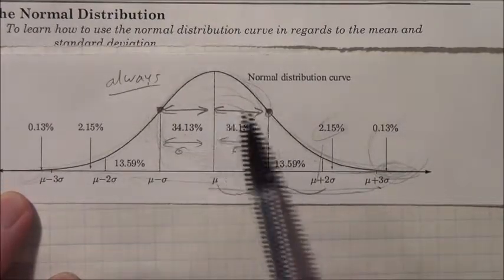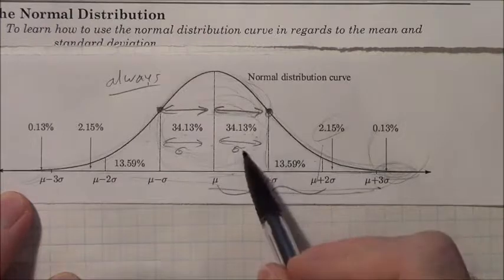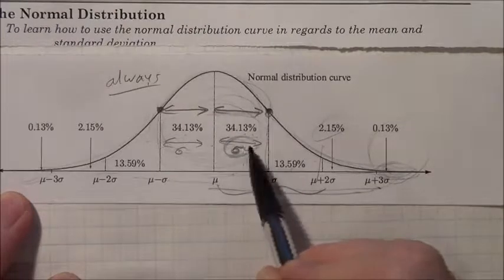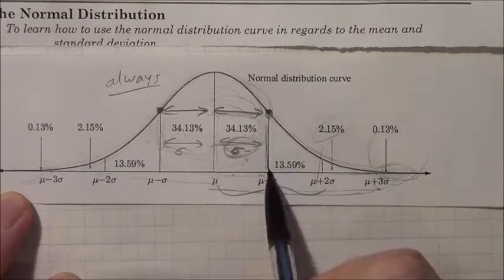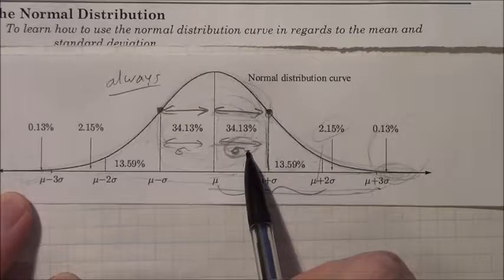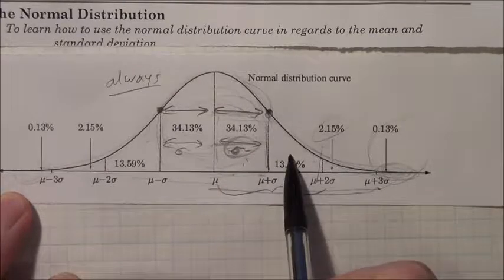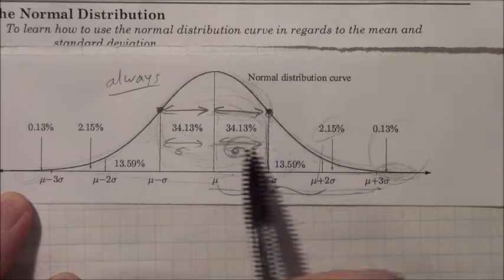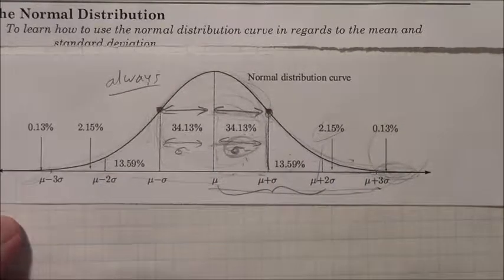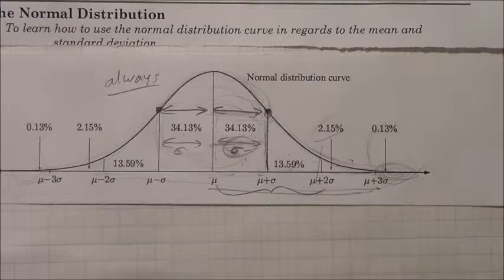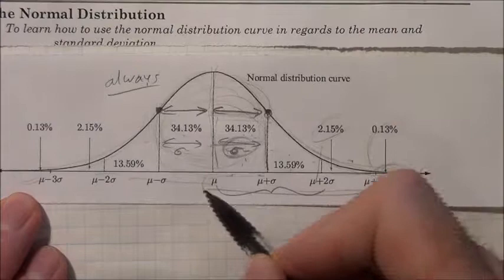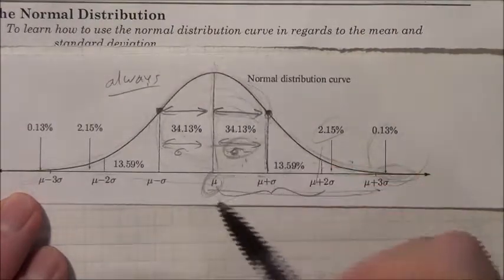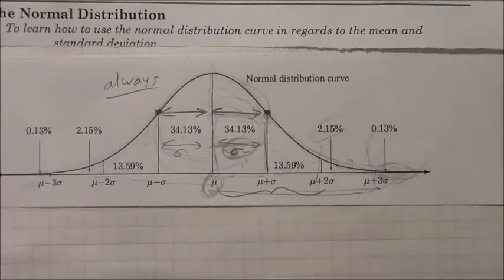The horizontal distance to that point gives the distance of the standard deviation from the mean. That defines what the standard deviation is, and then from there we just continue adding standard deviations away from the mean on the positive side and on the negative side. And notice here in the middle, mu, that's the mean, right in the middle of the curve. So that's basically the long and the short of it.